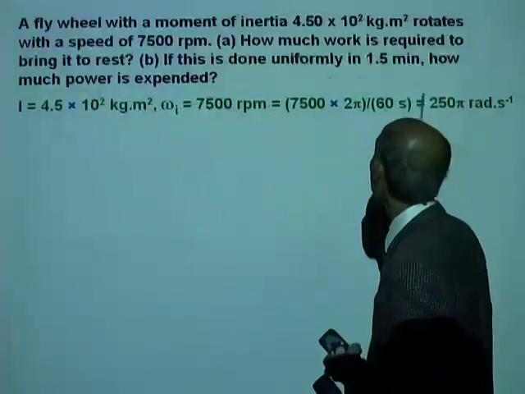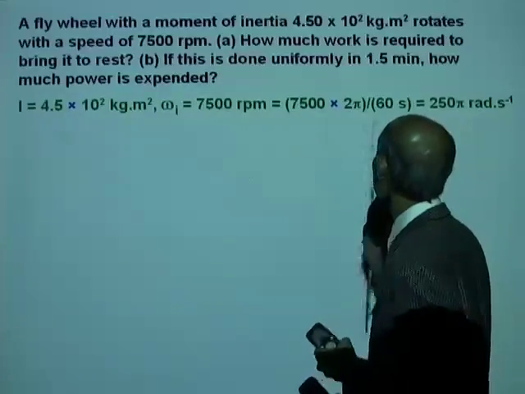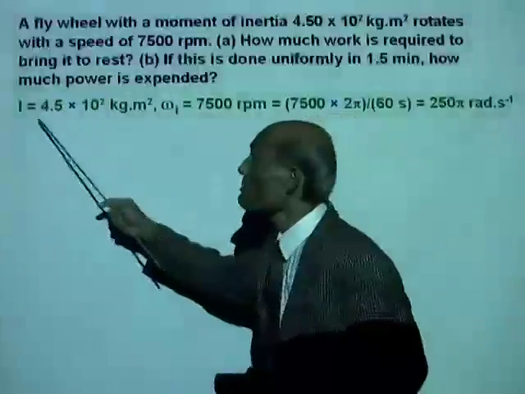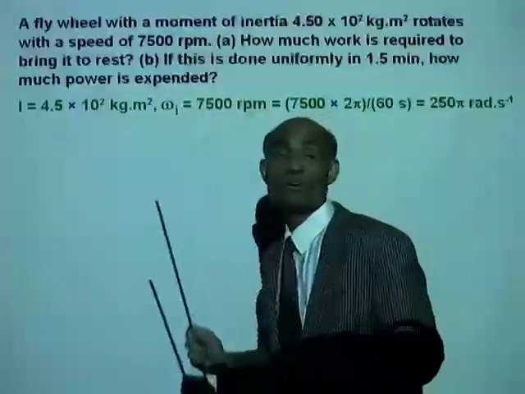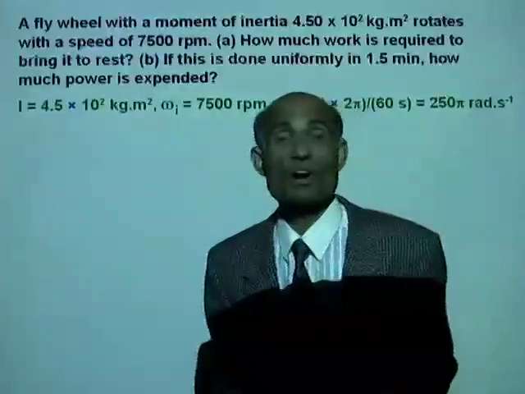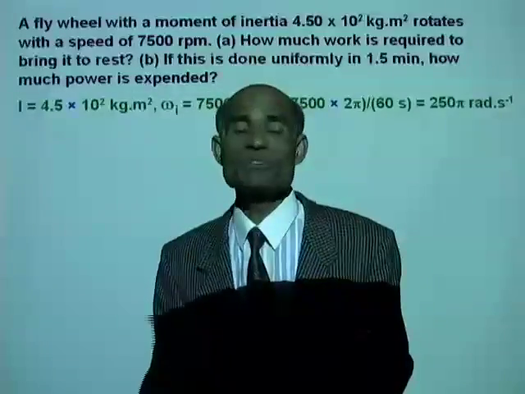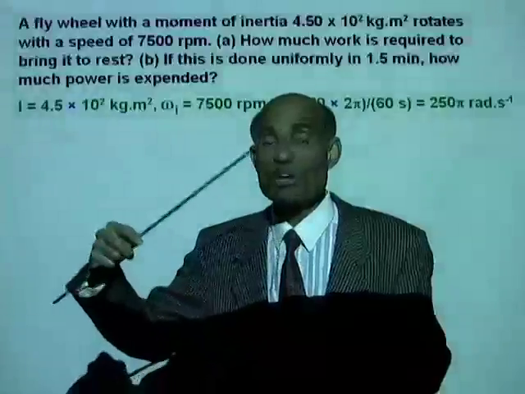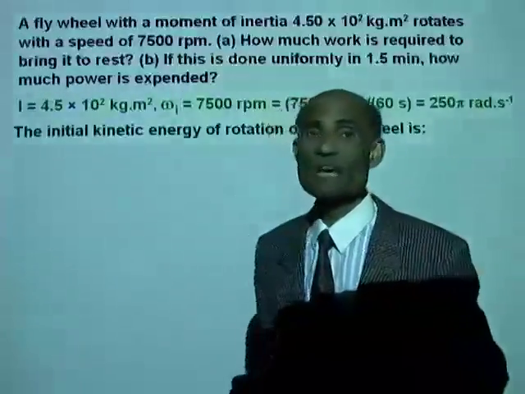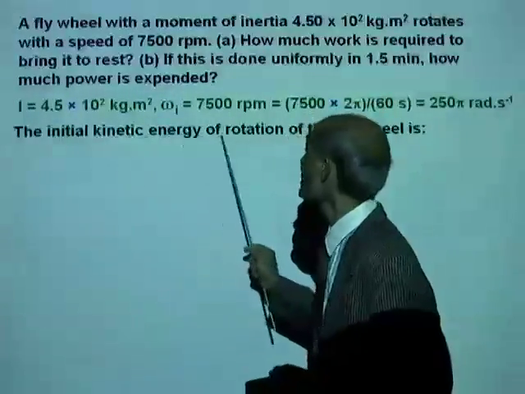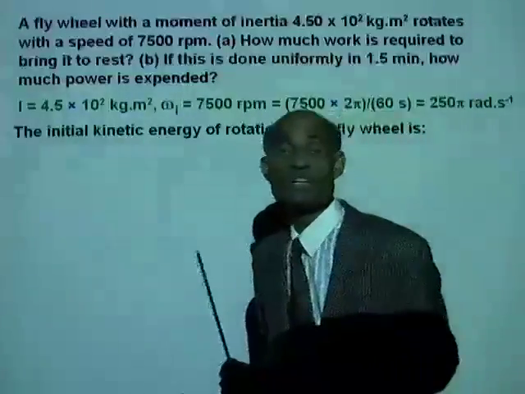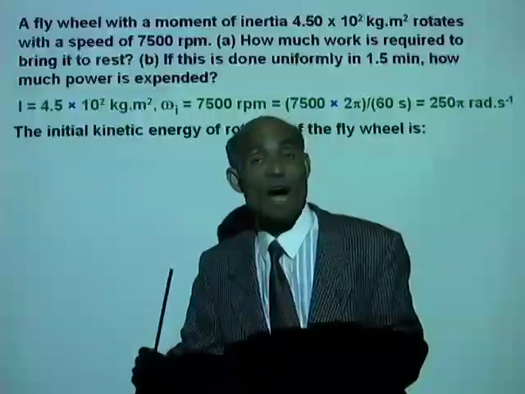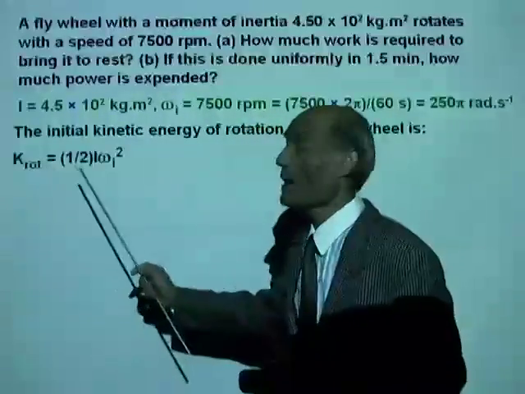So omega I is 250 pi radians per second. You know the moment of inertia, you know the angular velocity of rotation. Tell me, what is the kinetic energy of rotation? The initial kinetic energy of rotation, Ki, is 1/2 I omega I squared.